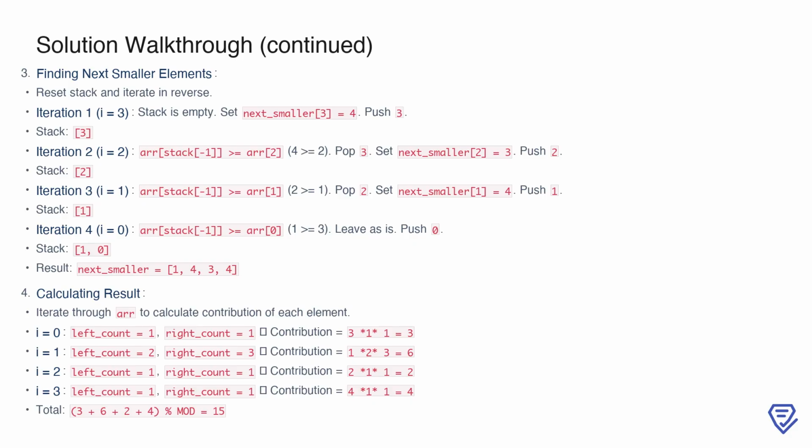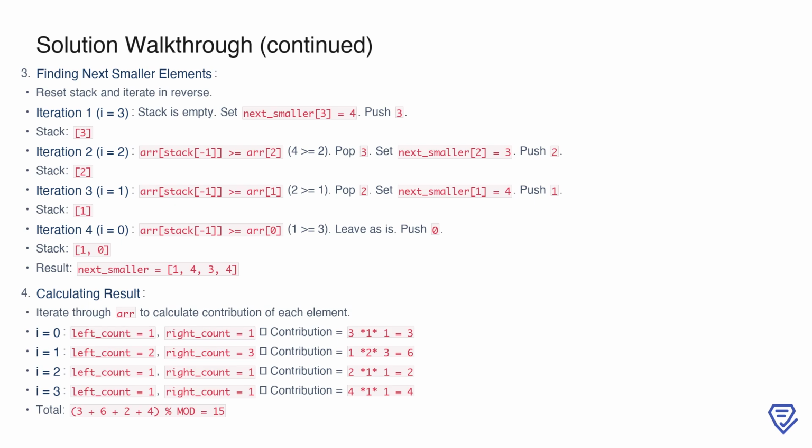For i equals 1, arr[stack[-1]] is greater than or equal to arr[1], so we pop 2, set next_smaller[1] to 4, and push 1. Finally, at i equals 0, arr[stack[-1]] greater than or equal to arr[0] does not hold, so we set next_smaller[0] to 1 and push 0. The result is next_smaller equals [1, 4, 4, 4].